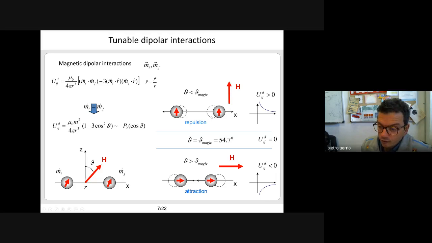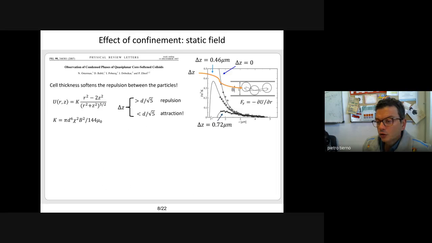But when you have strong confinement, and they come close to each other, things might change, because particles might try to jump one on top of the other due to this dipolar interaction. And for certain values, one can tune the interaction potential and make it even attractive, as you can see here.